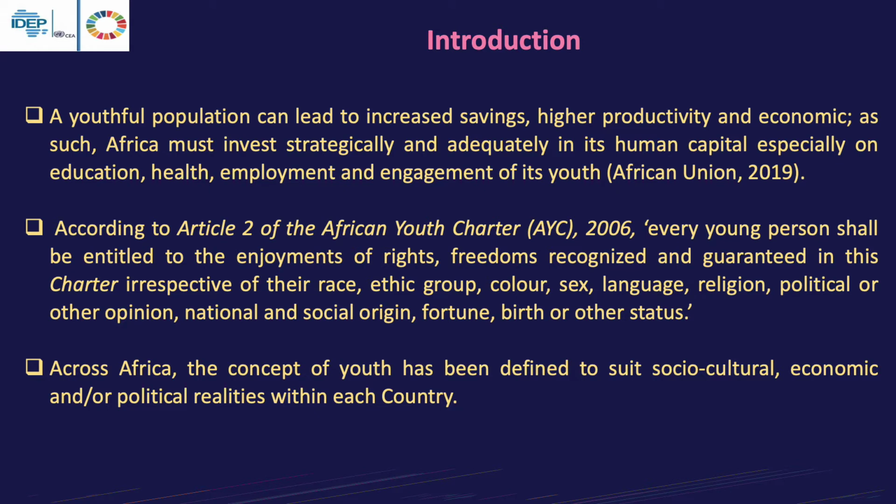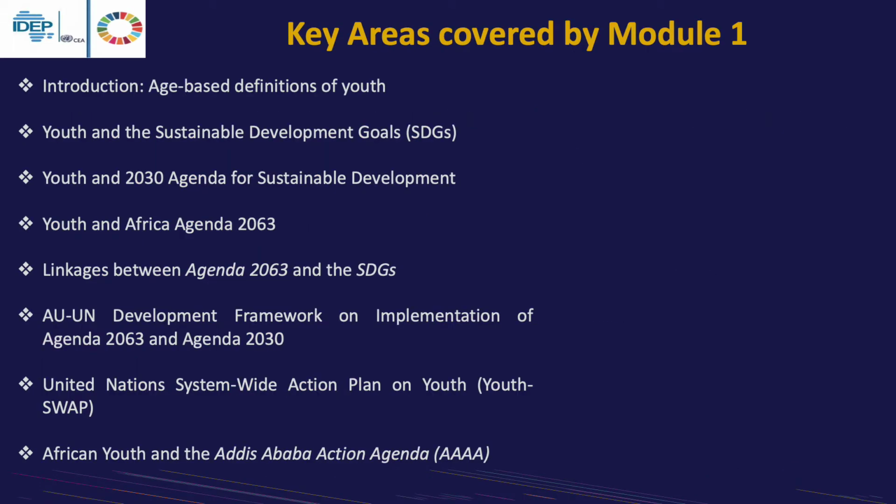Across Africa, we have seen that the concept of youth has been defined to suit the social cultural context, the economic realities, and the political realities within the countries. So for Module 1, we will be looking at the age-based definitions of youth across Africa and the definition of youth by the UN, the World Bank, and other institutions.